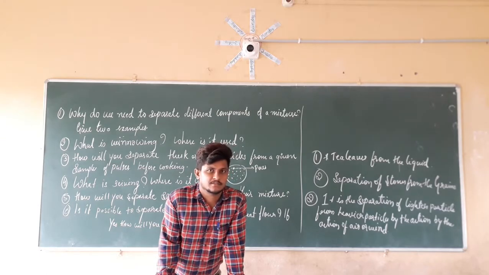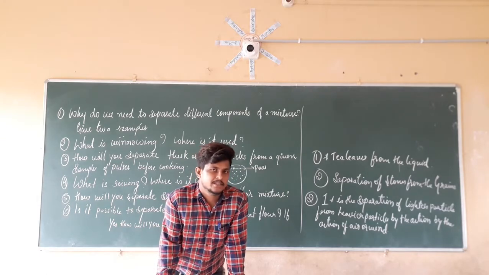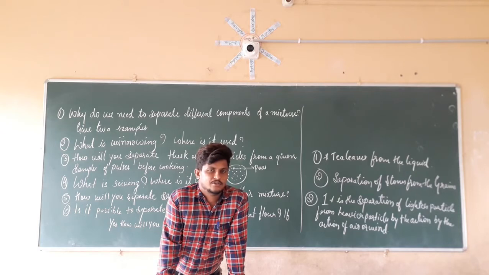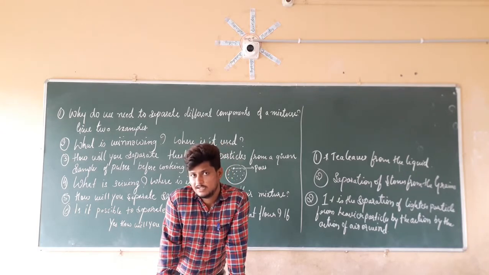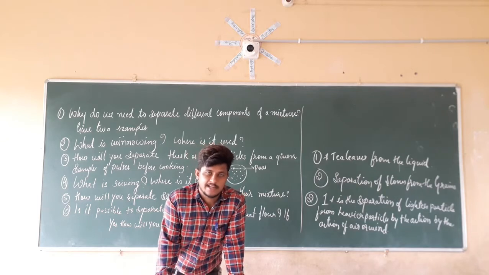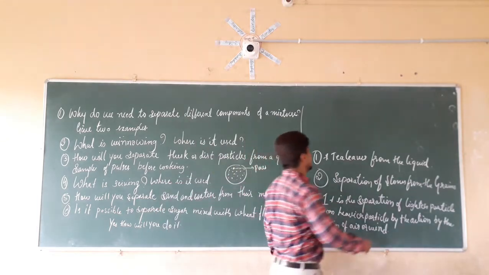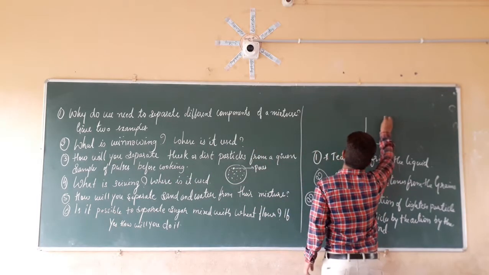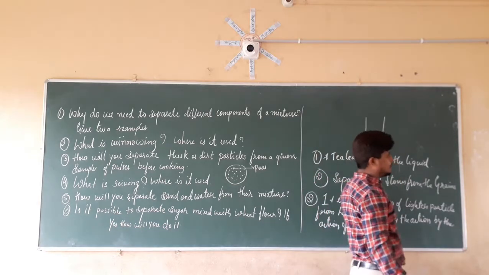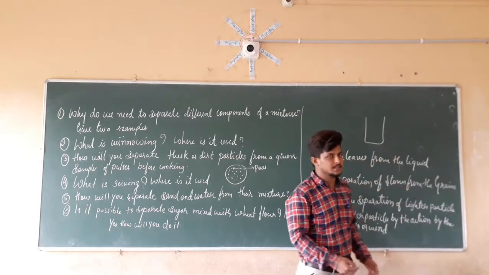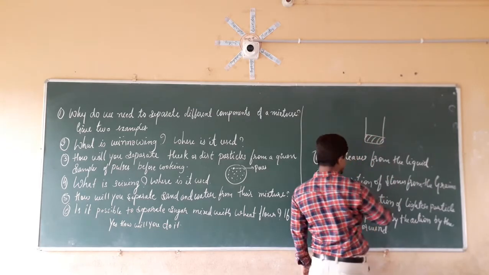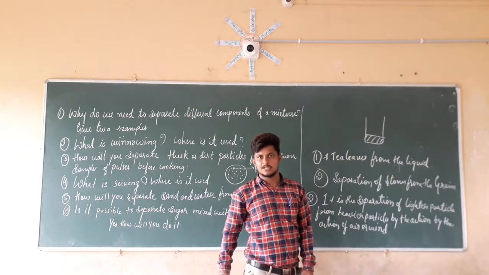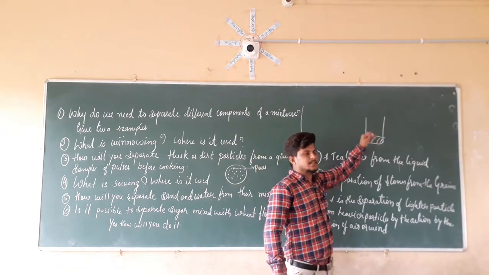Now the first method: we already know that sand is the heavy particle while water is the lighter particle. If you take a container and put the sand as well as water in it, the sand is going to settle down at the bottom, and the remaining is nothing but liquid.